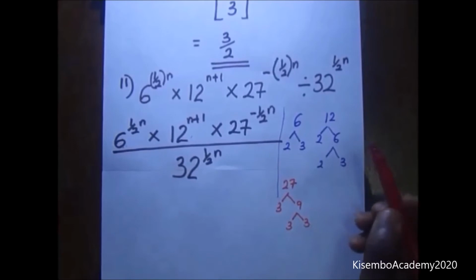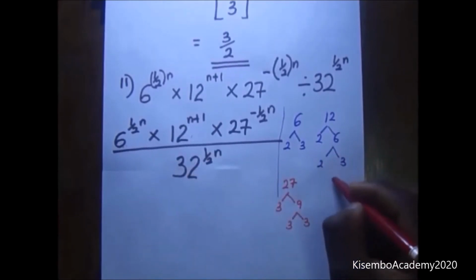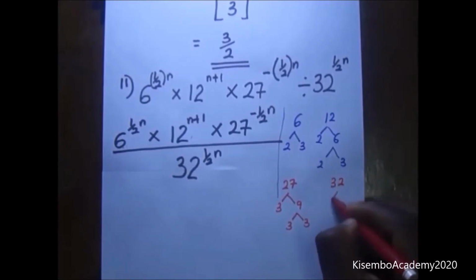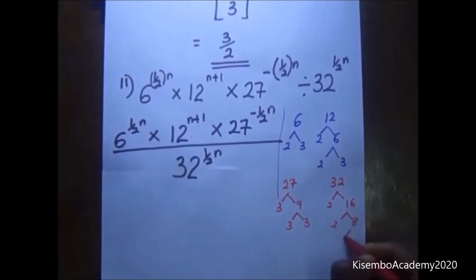Then for 32, by 2 we have 16, by 2 we have 8, by 2 we have 4, by 2 we have 2.